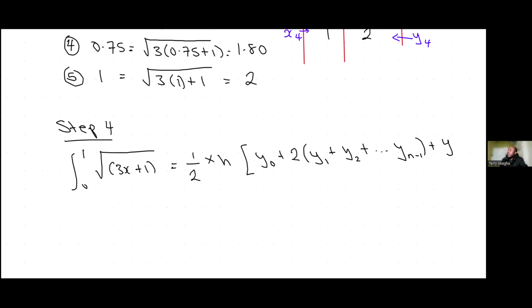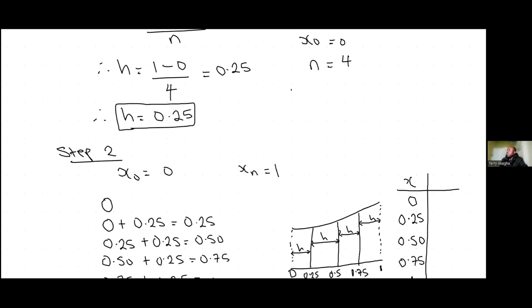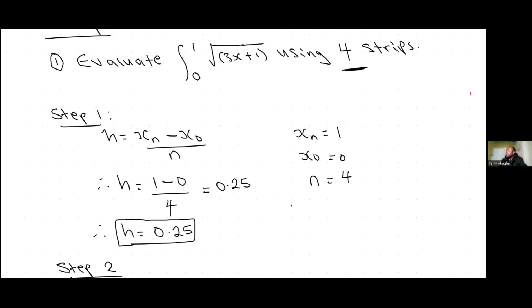All right? Now, we know our n is equal to 4 in this question, okay? So we can now write this formula again, because the n was given in the question and the n was 4, the number of strips.